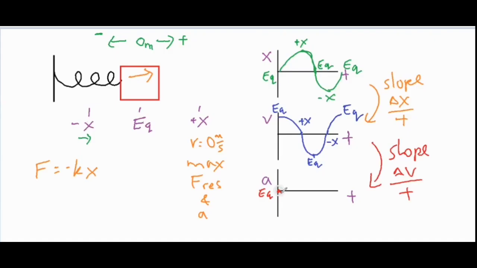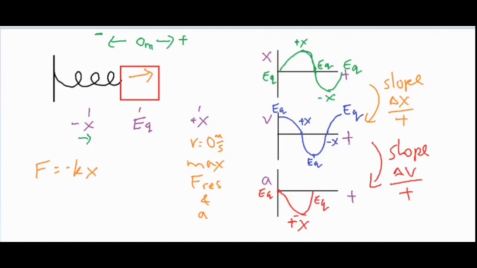So it's going to have more and more negative force until that force maxes out at the positive x position. Remember, once the spring is pulled all the way to its farthest point, that's where it's going to have its maximum restorative force. That's the maximum negative acceleration because it has a maximum negative force. And then it's going to pull back to zero. So it's going to have less and less negative force until it reaches that equilibrium position.